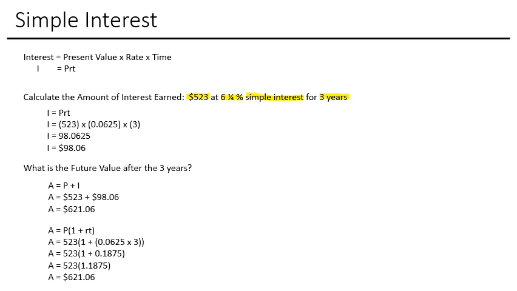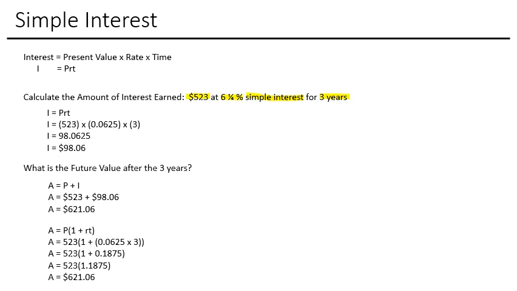When you do that and you round, you get the same answer as you did up here. So you can go straight to the future value. I just wanted to show you that you can get the future value either way. You pretty much just pick whichever way makes more sense to you.